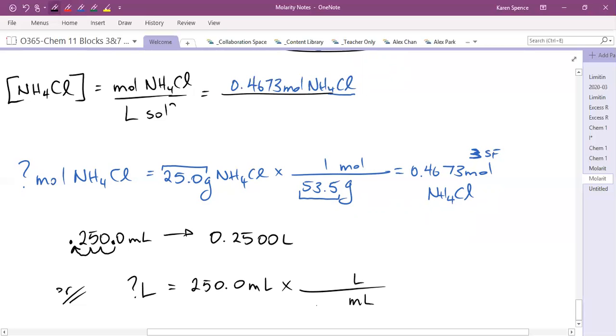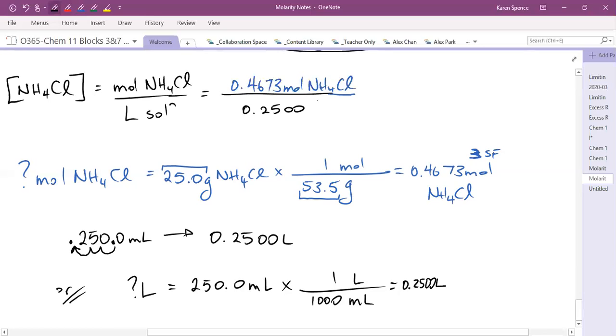There are 1,000 milliliters per 1 liter. So that gives us 0.2500 liters.